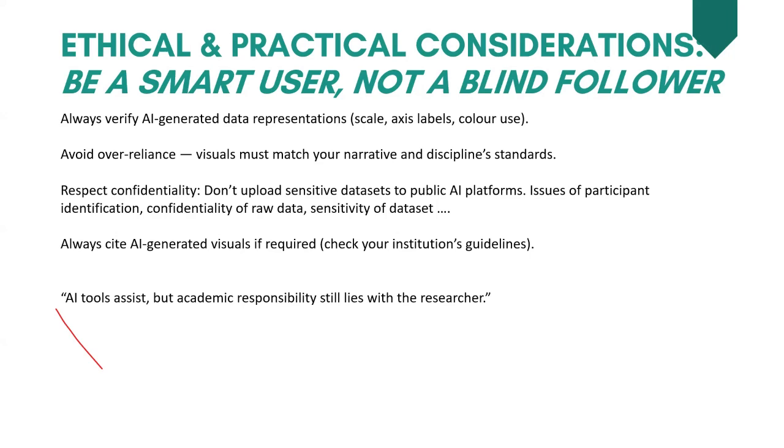Always make sure that if you've utilized AI to generate a visual, you cite the AI. So if you create it yourself, you cite it as created by author. If you create it through an AI platform, you cite that AI platform and the version that was used to create it. That's transparency. That's being an ethical researcher.